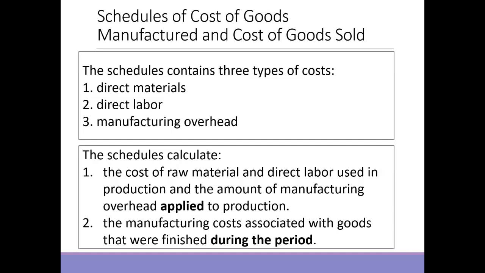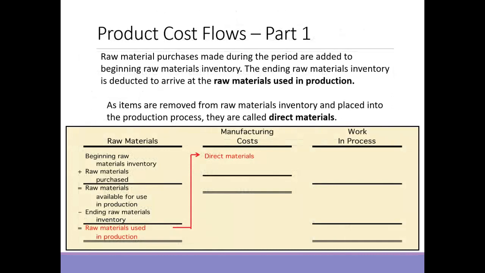It's going to calculate the cost of the raw materials and direct labor used in production, and then the manufacturing overhead that gets applied to those jobs. The manufacturing costs associated with goods that were finished during the period.